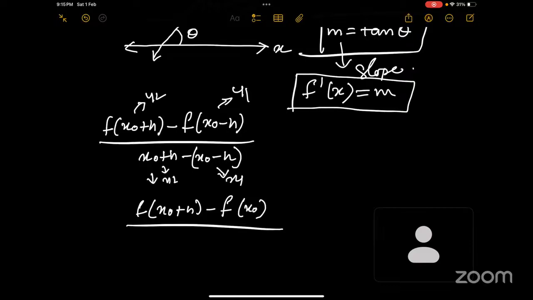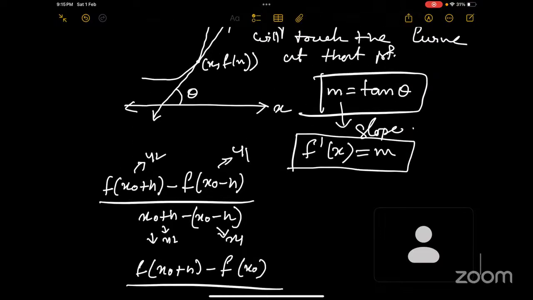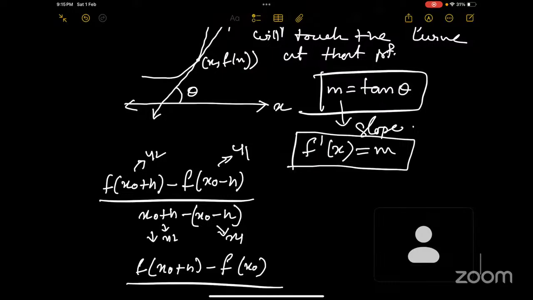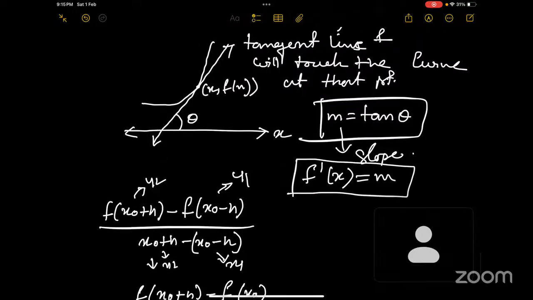Okay, so we know that if we have a line, then we can calculate the slope of the line with this formula, right? And if you have any curve, then you can draw the tangent line of the curve at that point, right? Then we just calculate the slope of the tangent line. Suppose this is the point, at that point we have drawn the tangent line t, right?